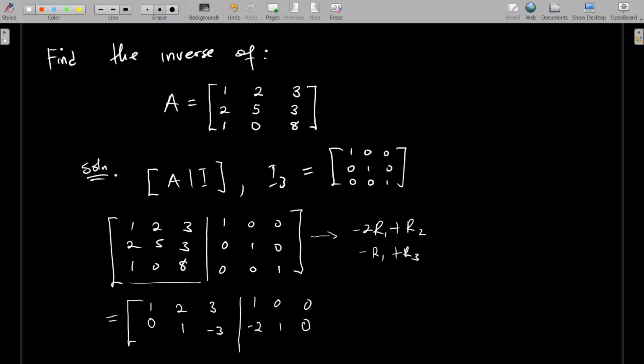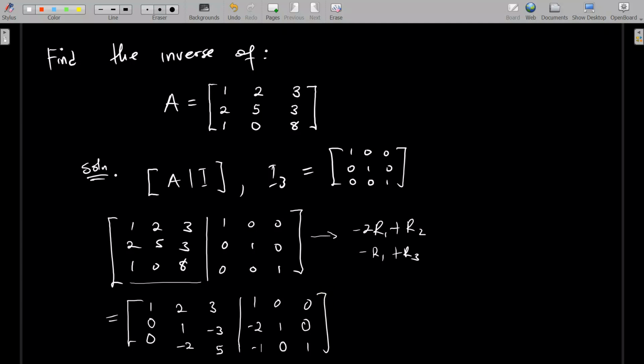Now on the last row, I'm going to get 0 here, and then -1 times 2 is -2 plus 0 is -2. Then -1 times 3 is -3 plus 8 is 5. -1 times 1 is -1 plus 0 is -1, and then I have these back.